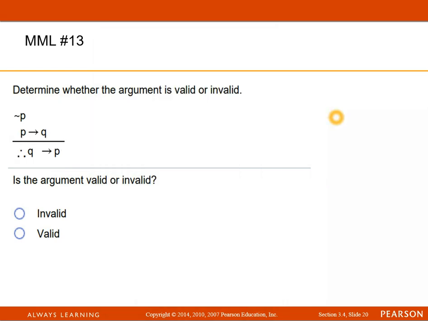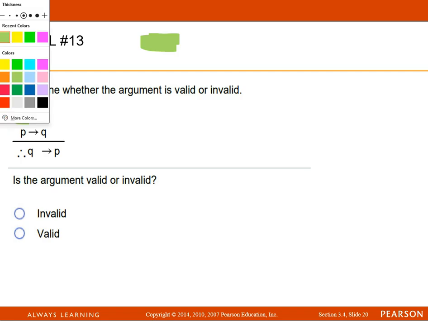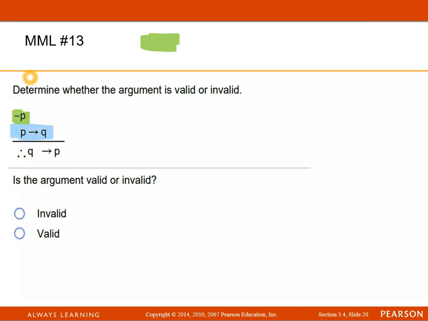So the first thing I need to do is rewrite this from a vertical format to horizontal. My first premise is the negation of P. My second premise is if P, then Q. And remember that you connect these with an and between.